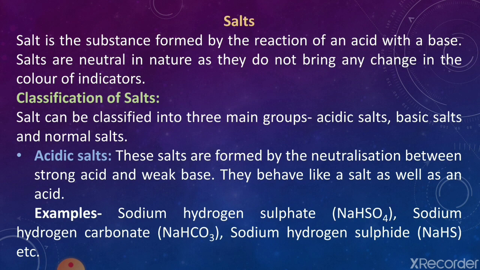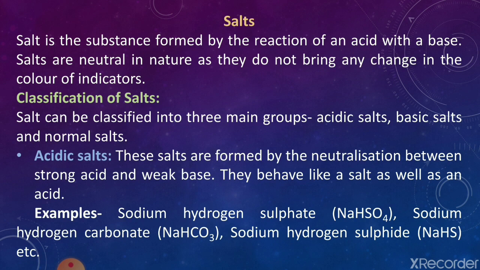So suppose a neutralization reaction is taking place between a strong acid and a weak base. Means acid is strong and base is weak. So when a chemical reaction takes place between a strong acid and a weak base, then the salt formed will be acidic salt. Why? Because acid is strong and base is weak.